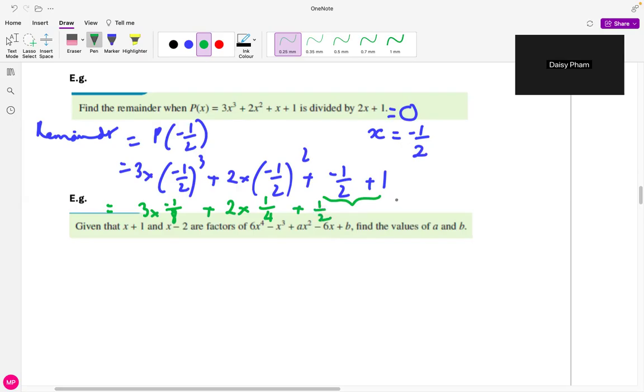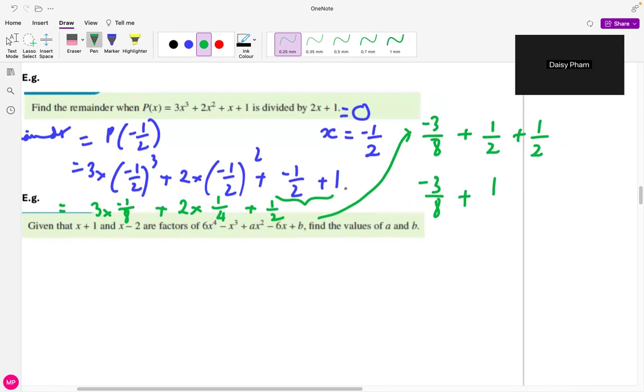So 3 times negative 1/8 is negative 3 over 8. 2 times 1/4 is 1/2, plus 1/2, so 1/2 plus 1/2 is 1. Negative 3 over 8 plus 1 gives you 5 over 8. So the remainder I have here is 5 over 8. That's my answer.